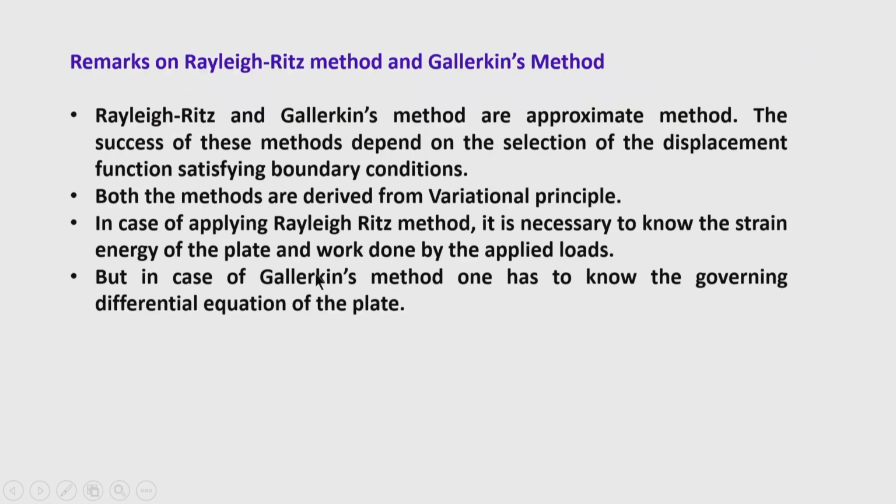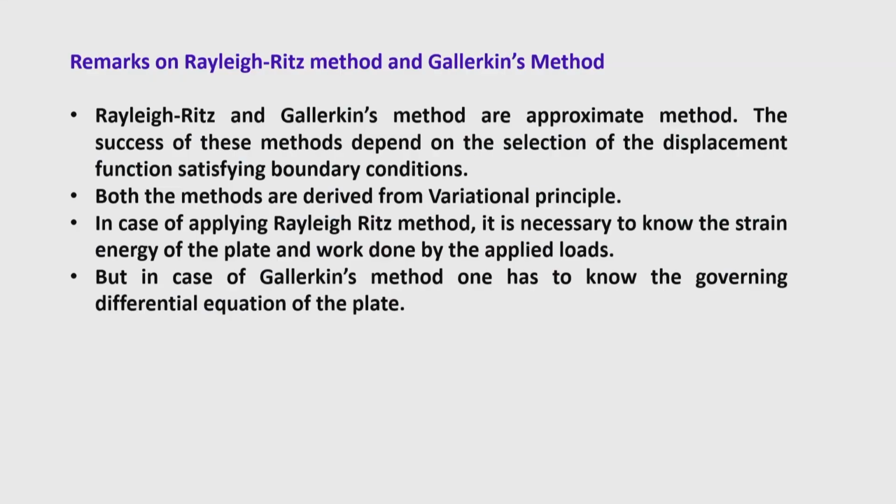Okay. So, let us compare the Rayleigh-Ritz method and Galerkin method. Rayleigh-Ritz and Galerkin methods are both approximate methods. They cannot give the exact result, but they can give a result which is very close to the exact result, if the deflection function is chosen accurately, satisfying the boundary conditions.